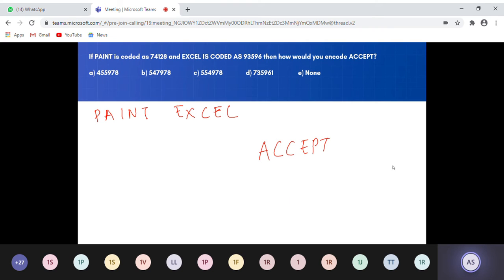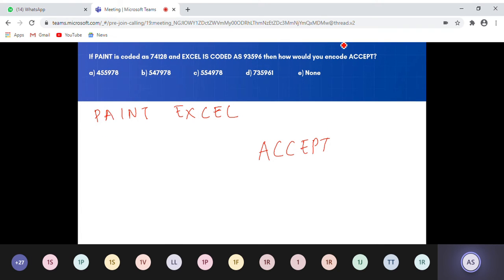Answer option C, answer option A. Okay. More of A's. Everyone says A, and Venkatesh says C. Let's look at it. It's very simple.